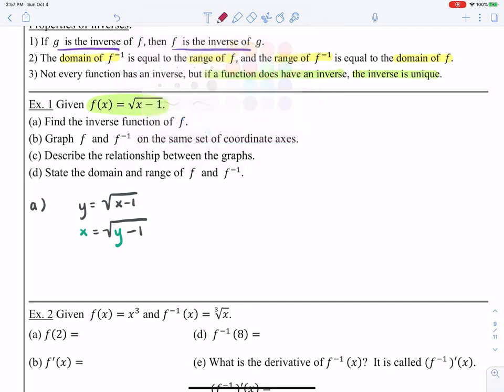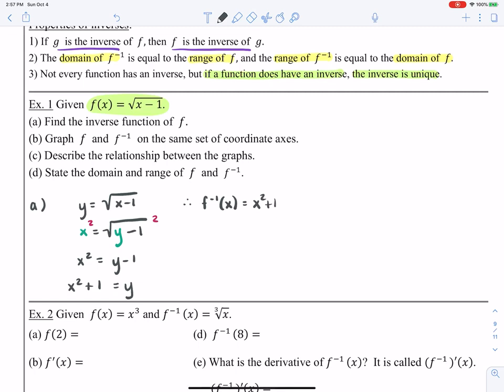So I will square this side and square this side, giving me x squared is equal to y minus 1. I'm going to add 1 to this side and get y is equal to x squared plus 1. That's our inverse, but we're not going to write it like that. Our inverse, symbolically, is now f inverse of x equals x squared plus 1.